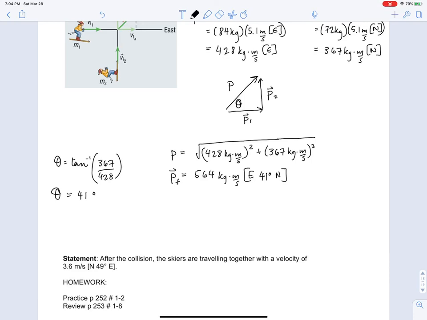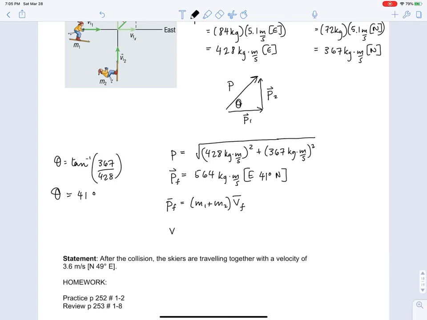Now we want to use this to find the final velocity of these skiers. We know that the final momentum is equal to m1 plus m2 times the final velocity.